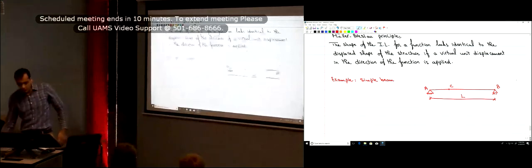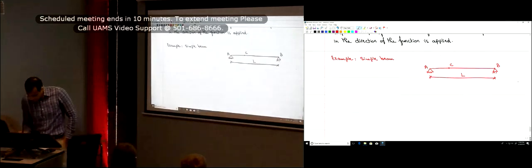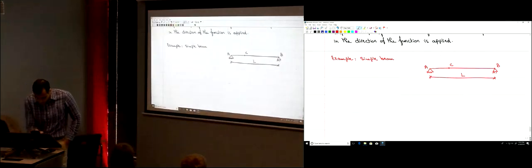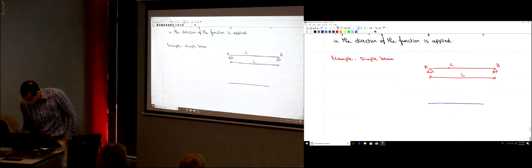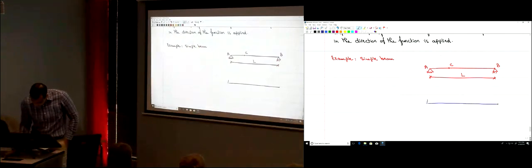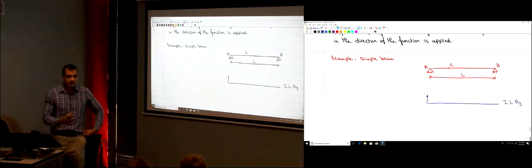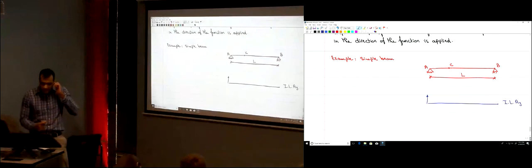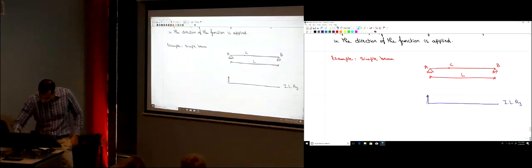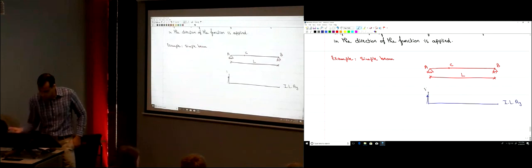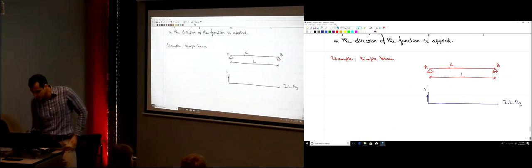So that's the Muller-Breslau principle, okay? It says if you want to find the influence line of A_y, this is the influence line of A_y, displace the beam by a unit displacement in the direction of that function A_y, okay? So that height is 1, and see the displaced shape.